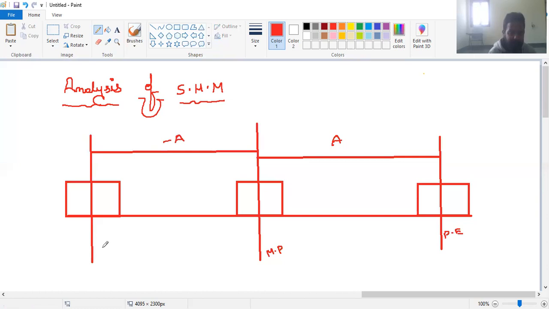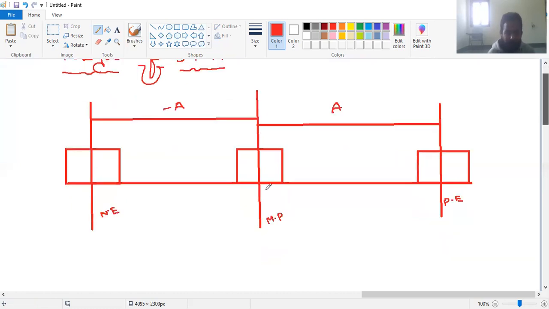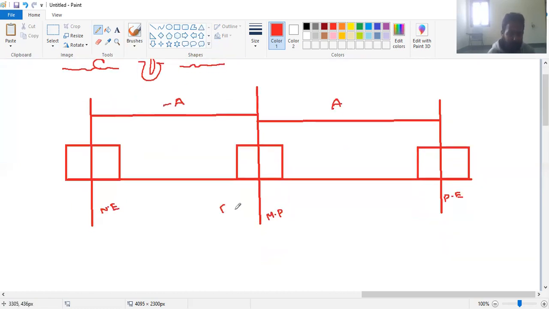This is negative extreme. So at positive extreme, what is F net going to be? Sorry, at mean position F net is equal to 0. If F net is equal to 0, that means a net is going to be 0. The net acceleration at mean position is 0. Now, what about positive extreme? Here F net is equal to minus kx.